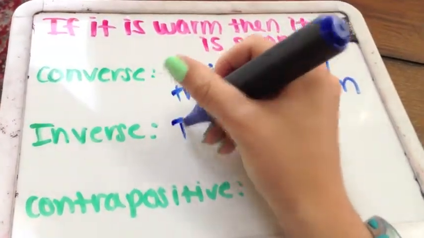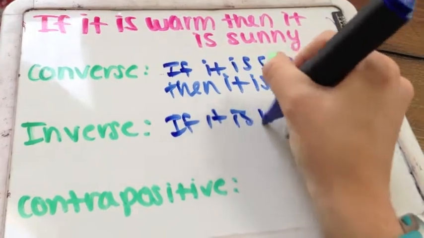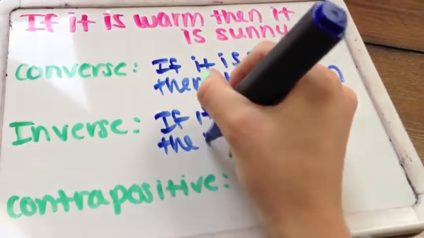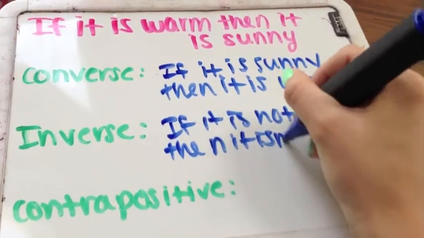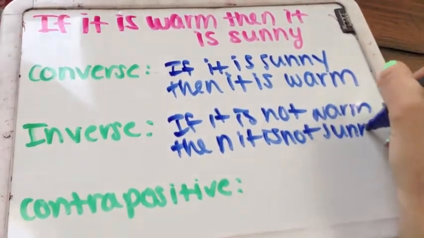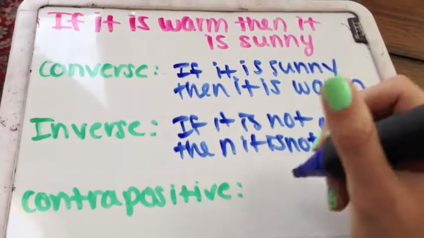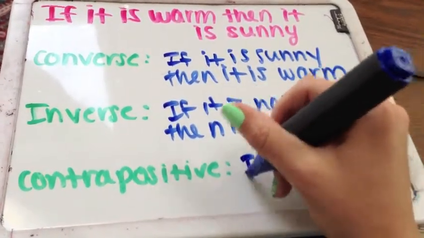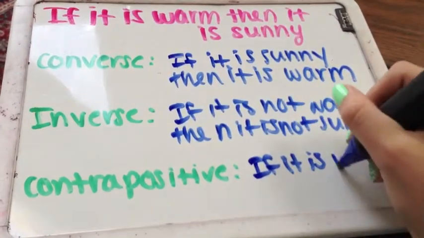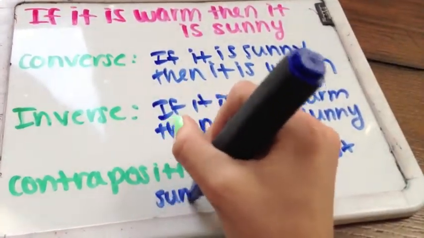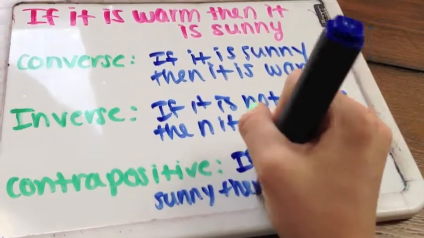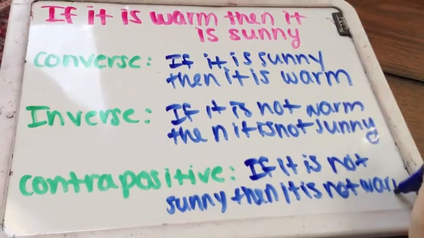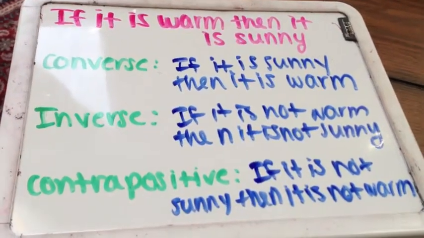Inverse would be, if it is not warm, then it is not sunny, because I negate. Contrapositive would be if it is not sunny, then it is not warm, because you flip and negate.